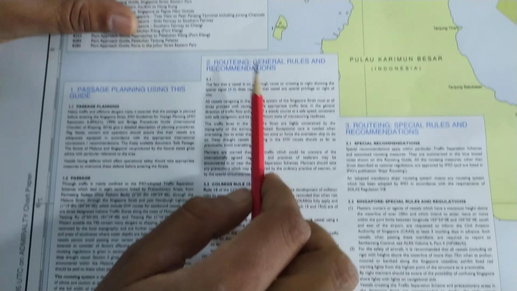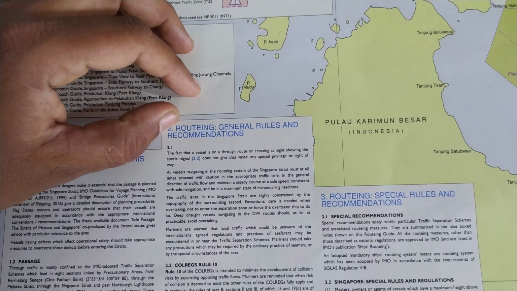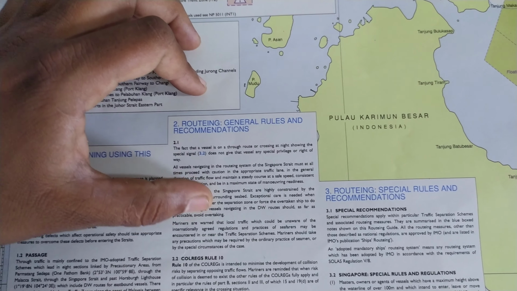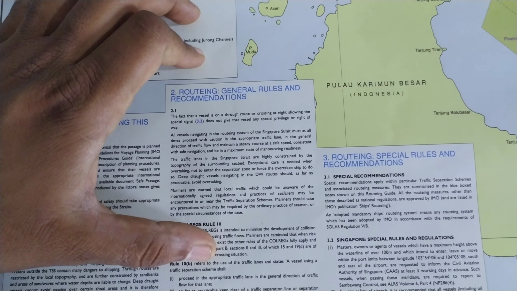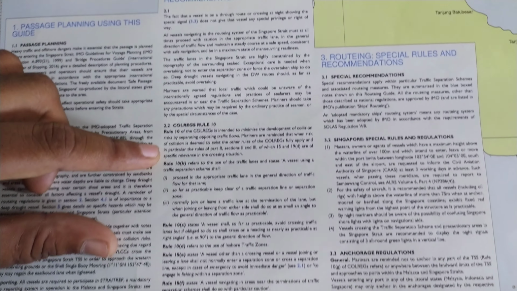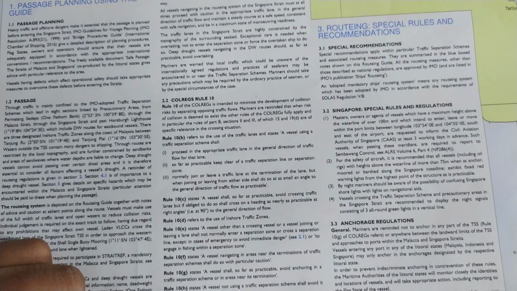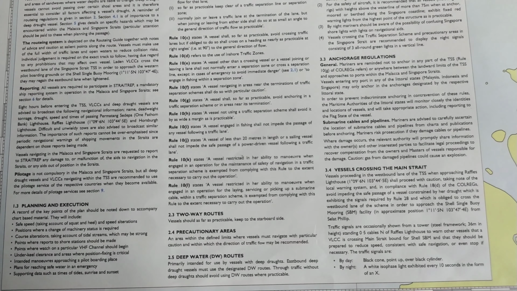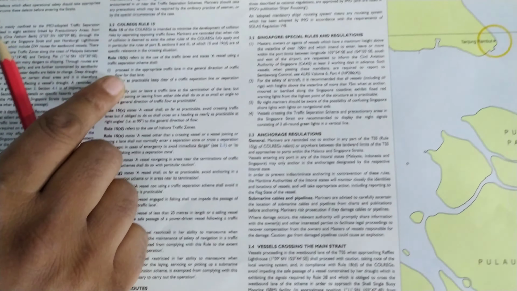Next comes the routing general rules and recommendations. These are the Colreg rules that will apply. They will give you which section of the rules will apply, then what are precautionary areas, and what are deep water routes.